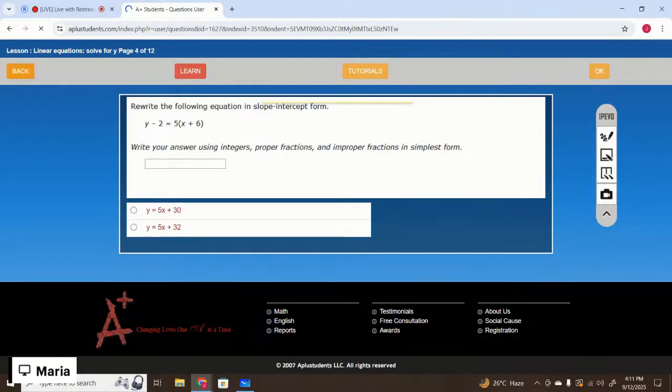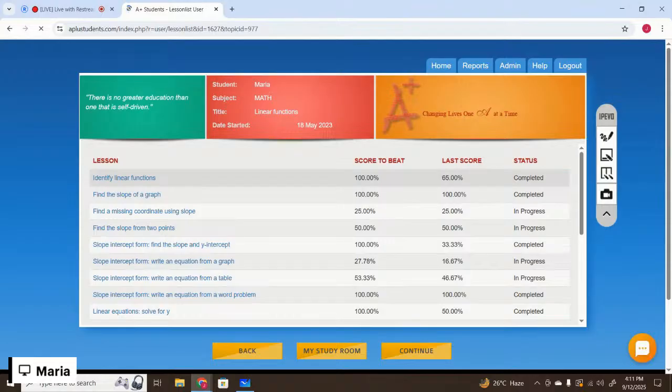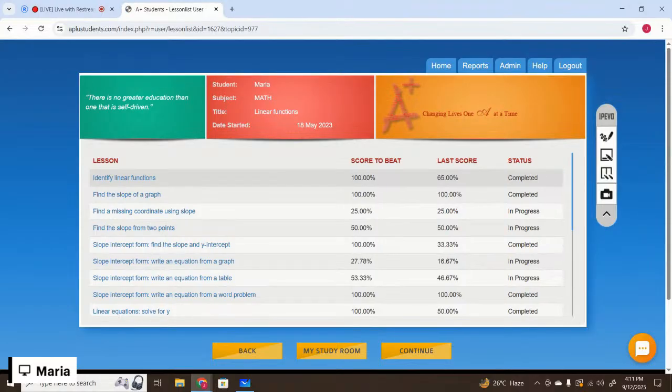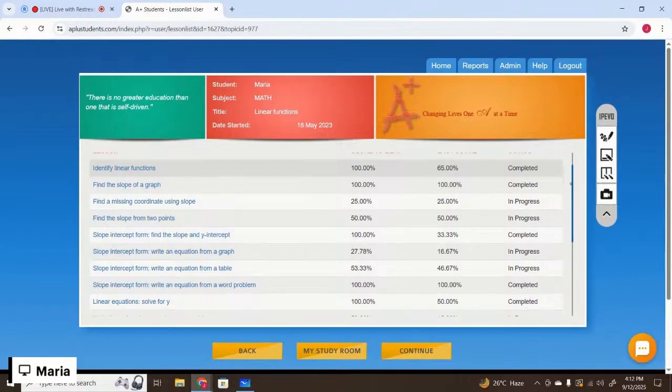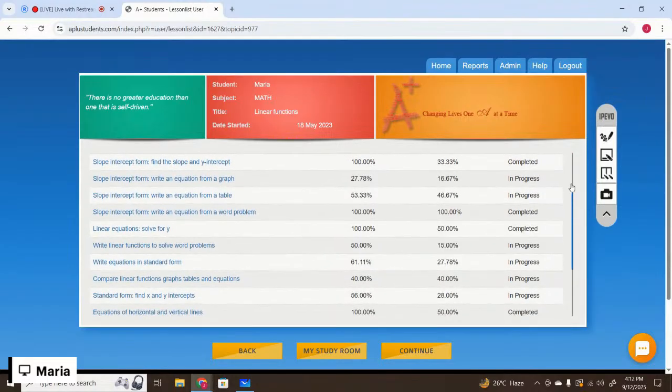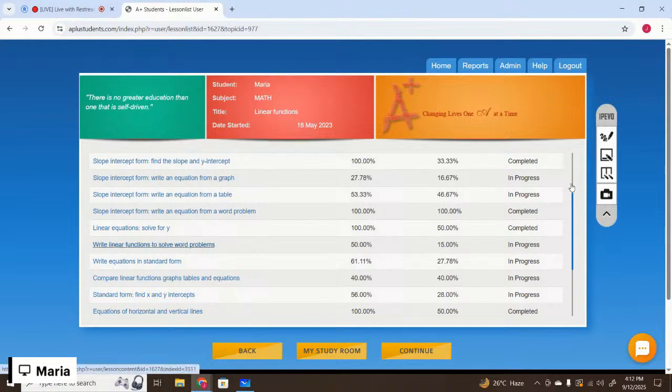So the next lesson is write linear functions to solve word problems.